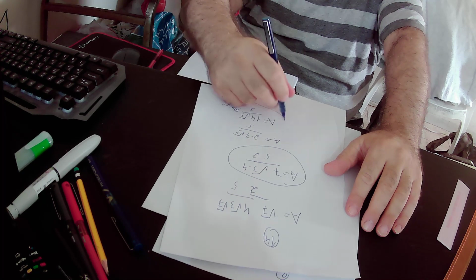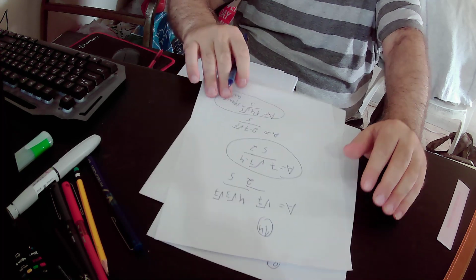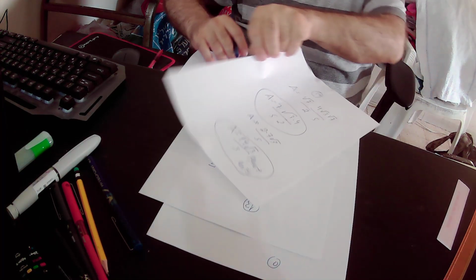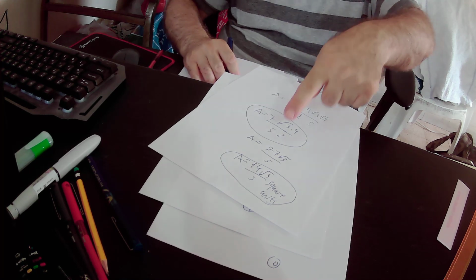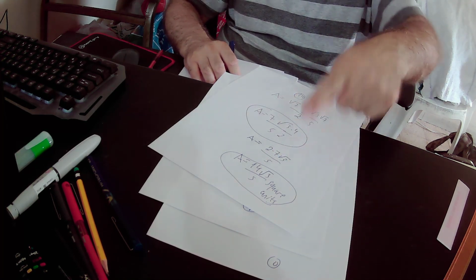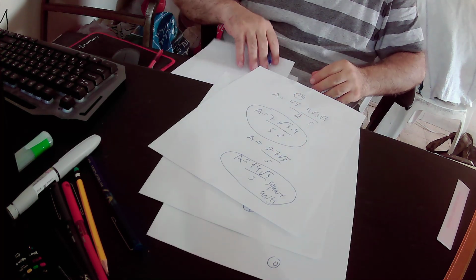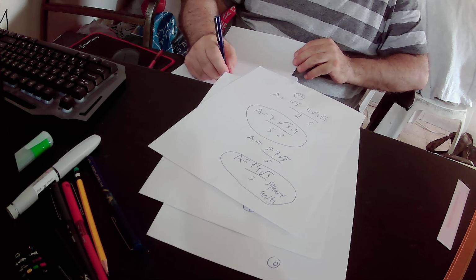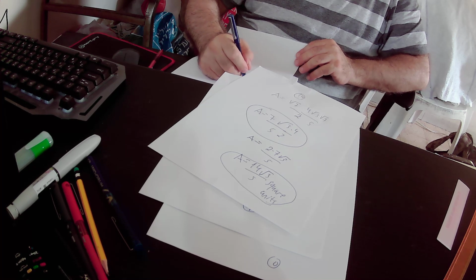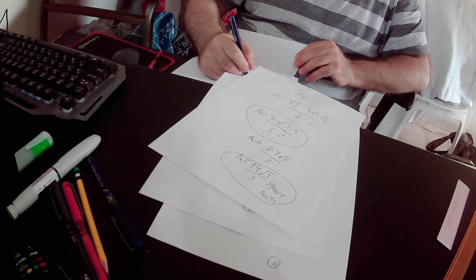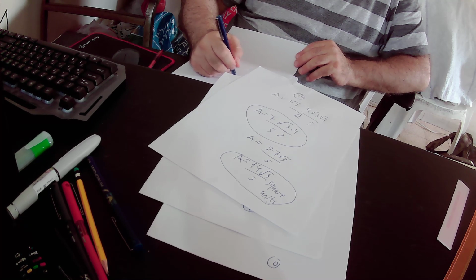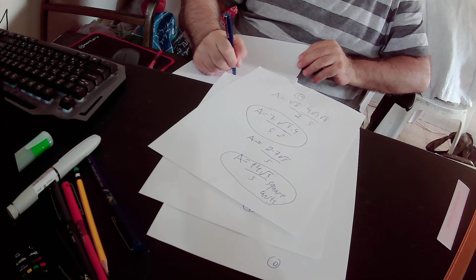So the area of the triangle equals 14 times root of 3 over 5 square units. So the area of the triangle in terms of numbers equals 4.85 square units.